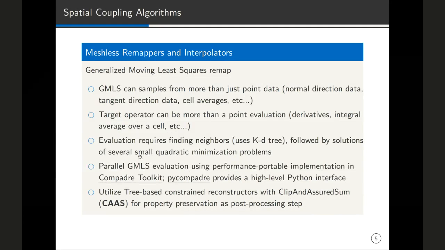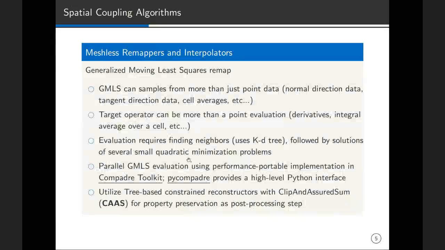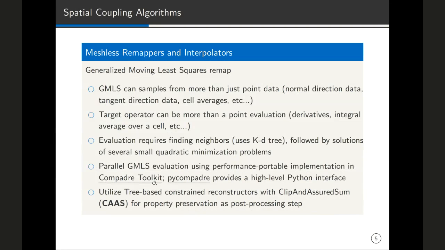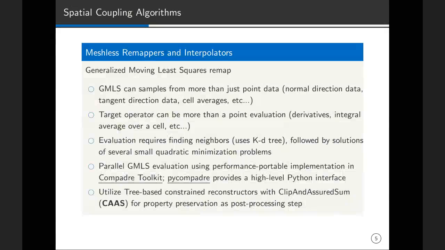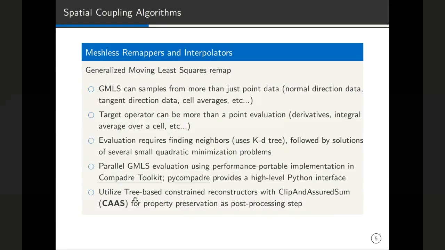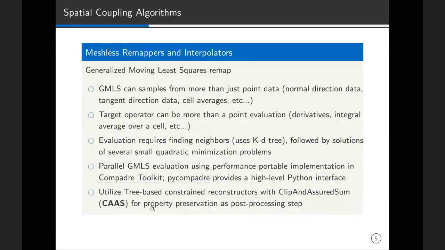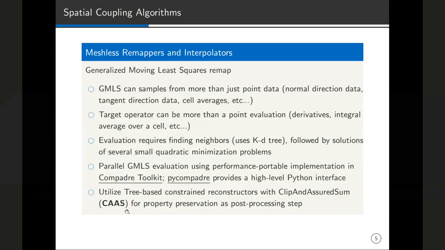But we're going to be specifically looking at one implementation that uses a composite toolkit from San Diego National Lab. It's exposed through a Python interface, and most of the results that I'm presenting today with GMLS use this particular implementation. There is also a variation that was implemented using the clip and assured sum CAS method by Andrew Baddeley.